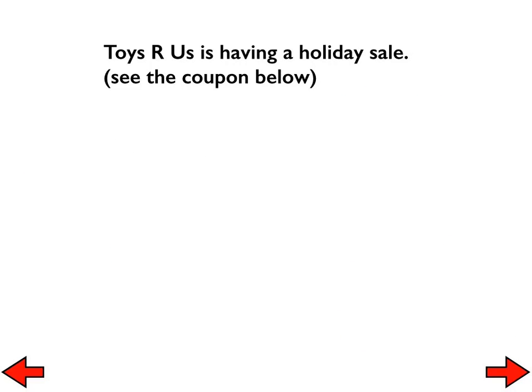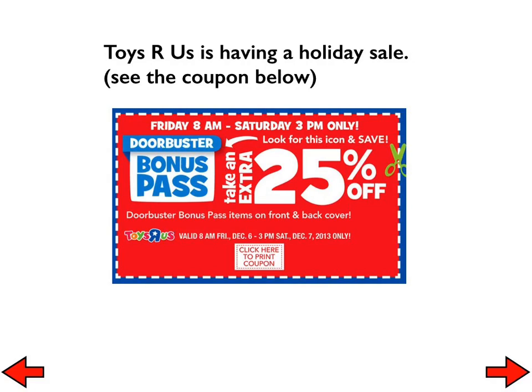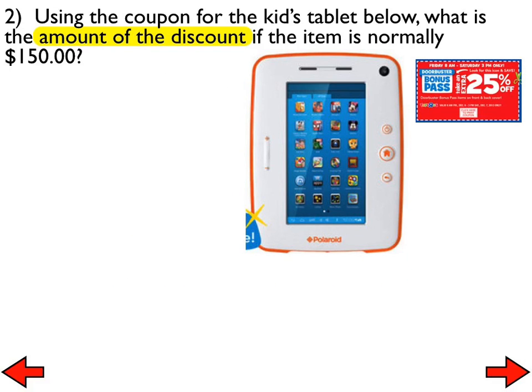Number 2, Toys R Us is having a holiday sale with that coupon right there. So in other words, whatever you buy, you get 25% off. You are purchasing that kid's tablet right there. The question is, using the coupon of 25% off, what is the amount of the discount if the item is normally $150?